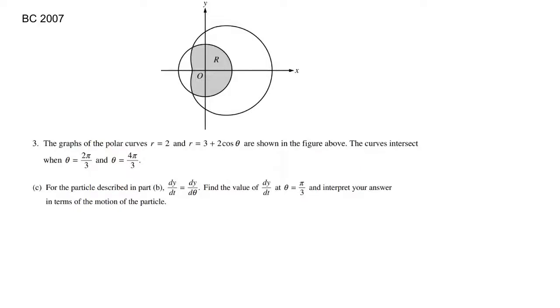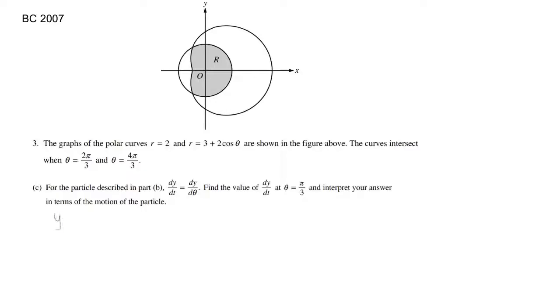Okay, for our next question, part C, the particle described in part B, now we know dy/dt equals dy/d theta. Now we need to find the value of dy/dt at pi over 3 and interpret our answer. So very similar to the previous, but we need to make a few minor changes here.